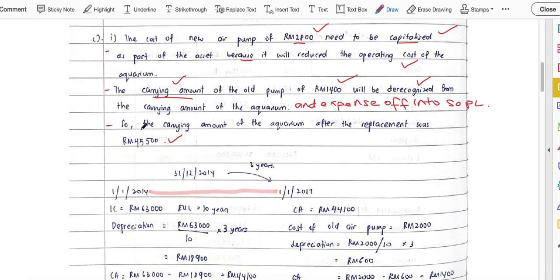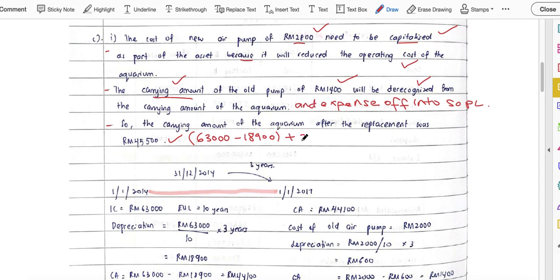And then the carrying amount of the aquarium after the replacement was 45,500. The best is you should show how you get this 45,500. I've shown you the calculation. This is the original cost of the aquarium, and then this is the accumulated depreciation of the whole aquarium, and then you bought the new pump.